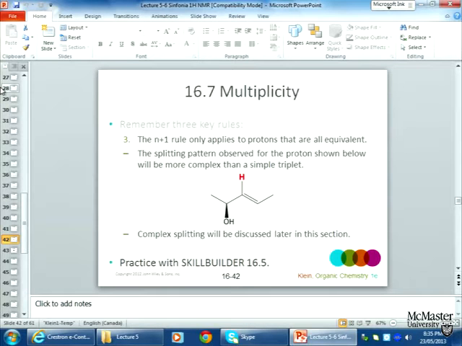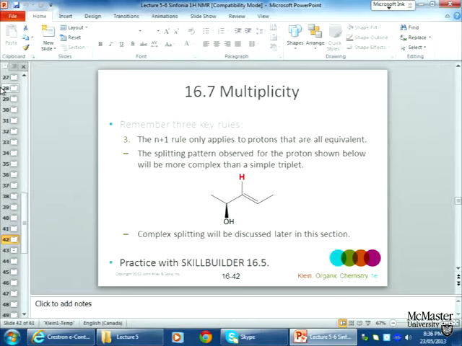So coupling constants, the size of this effect, are the fourth piece of separate information that we get from NMR. So let's quickly review the information. Chemical shift, we have a chart of that, tells us about the environment of the hydrogens, the functional groups that are attached. Integration tells us the number of hydrogens in that particular group.